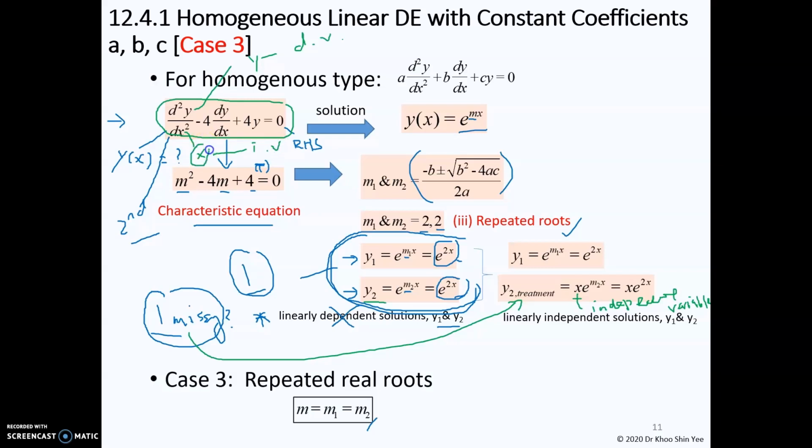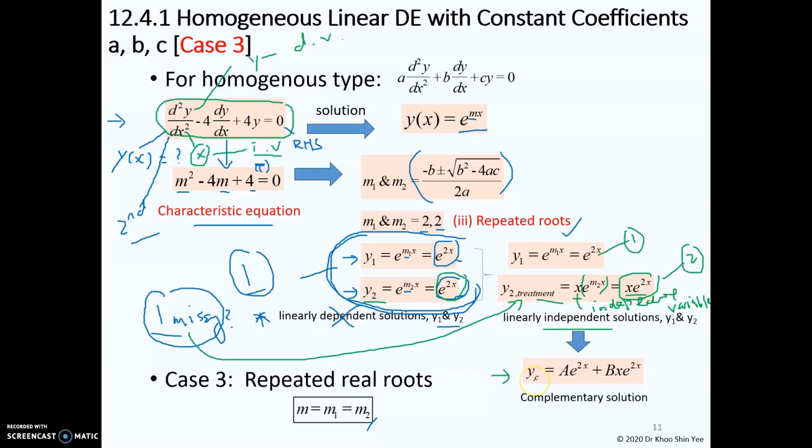So therefore, we need to do the treatment by multiplying with the independent variable, which is x. So x multiplied by the y2 here gives you x exponential 2x. So these two solutions are linearly independent now.